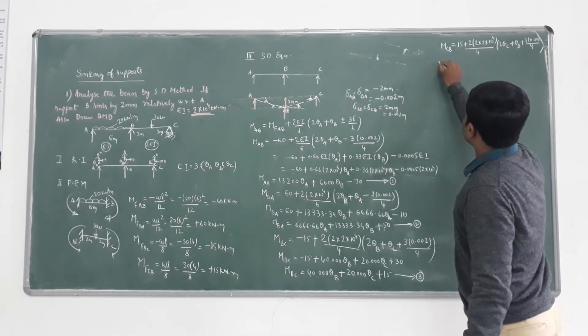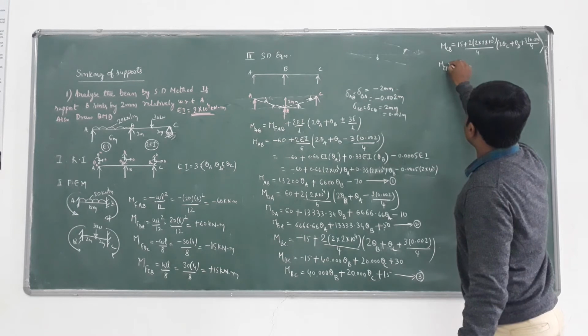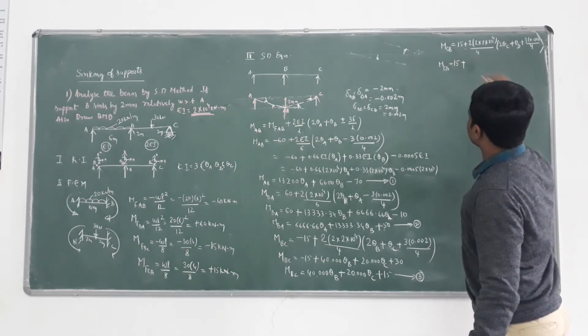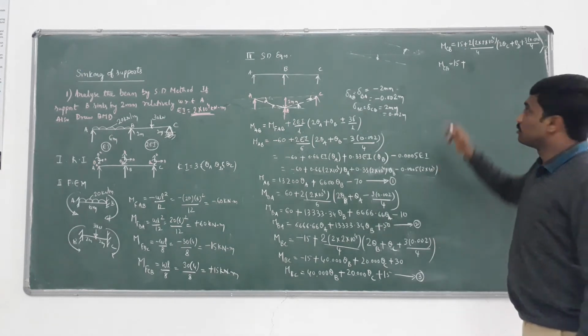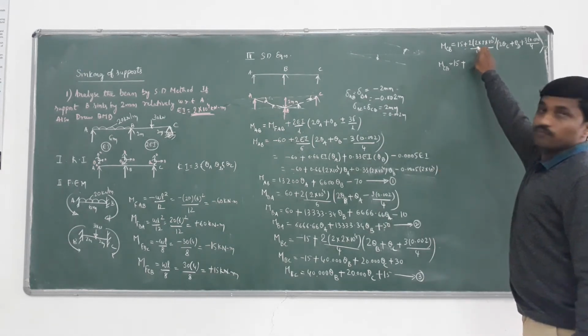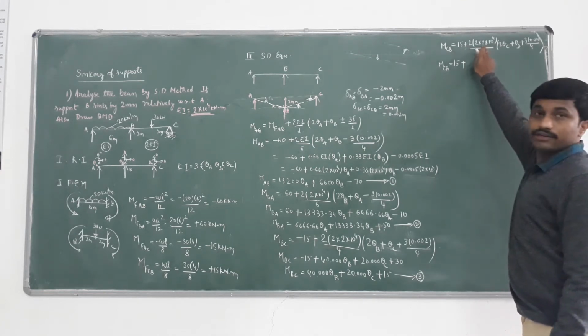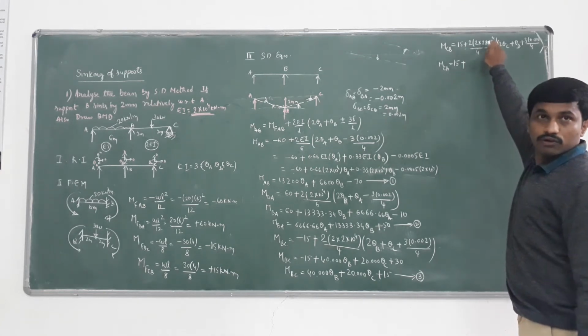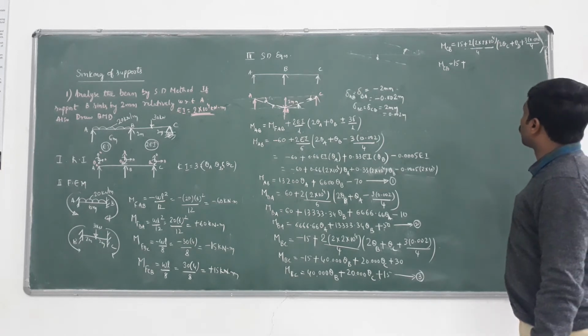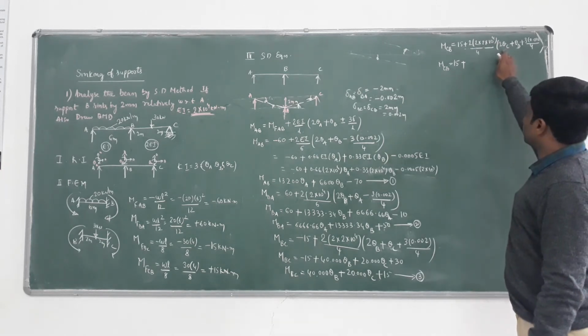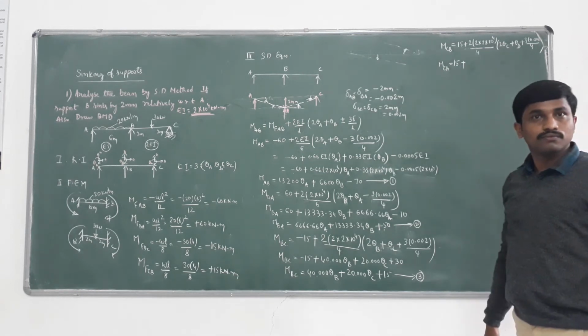Now MCB equals 15 plus 2 into 2 into 2, that is 8 into 10 power 4, into 2 divided by 4.